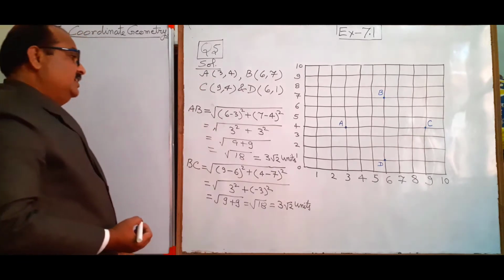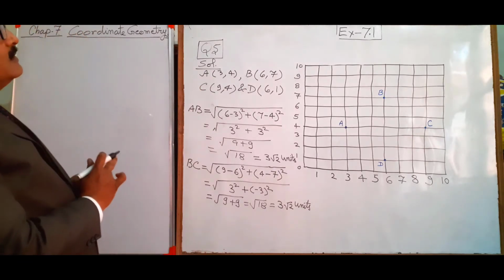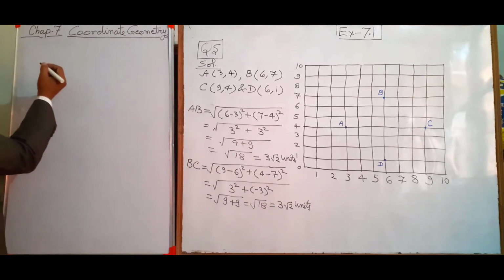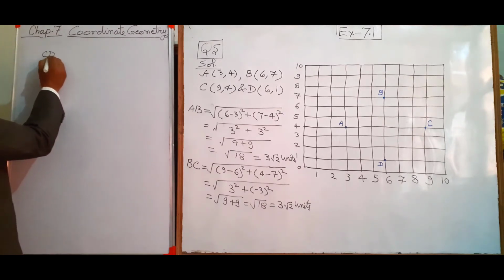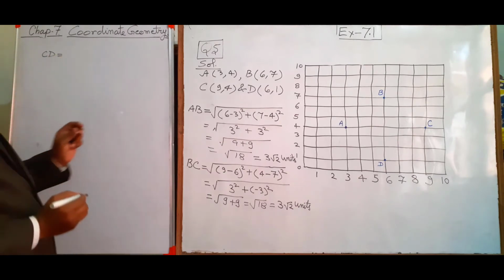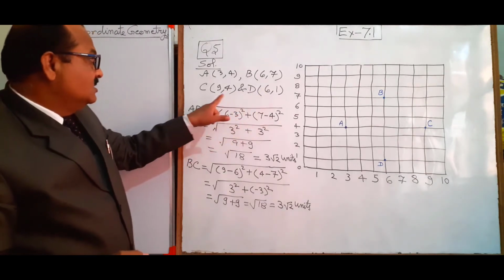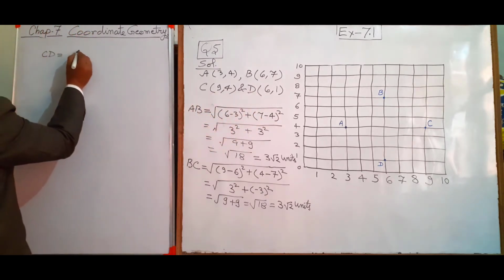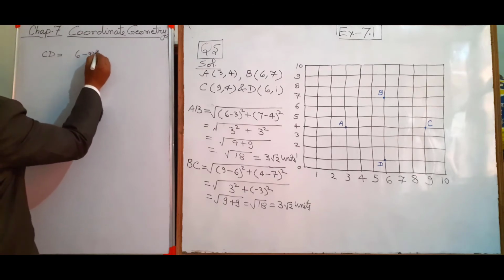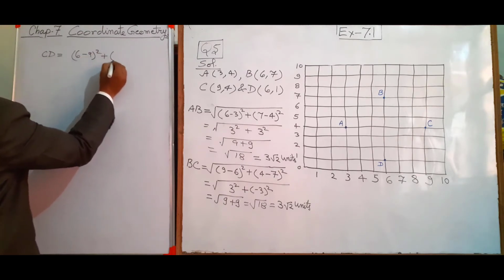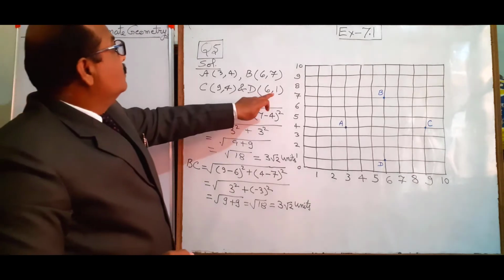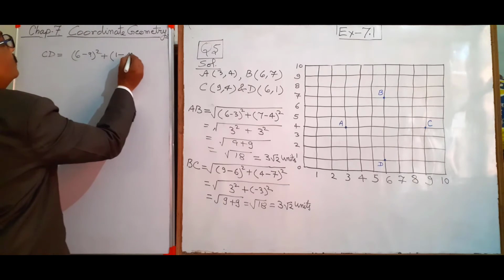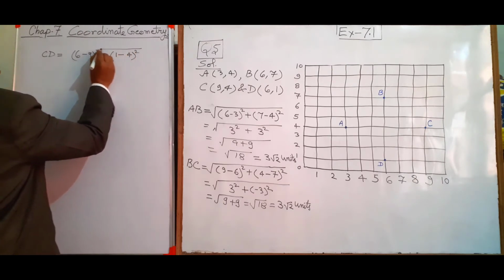Now two more sides. Let us see the length of CD. CD can be calculated as, this is D, this is C. So (6 minus 9) whole square plus (1 minus 4) whole square, and its under root.